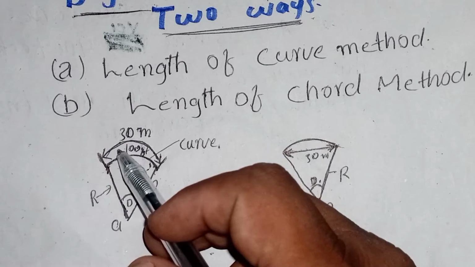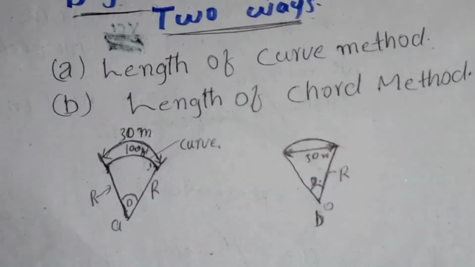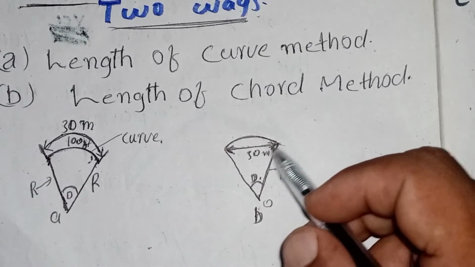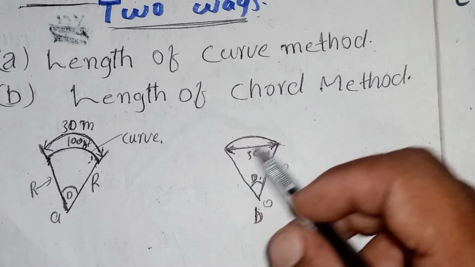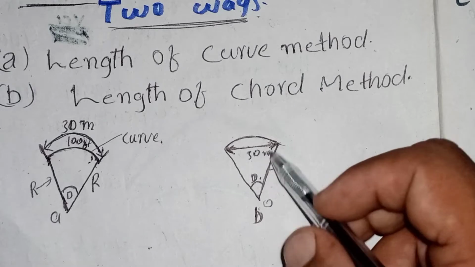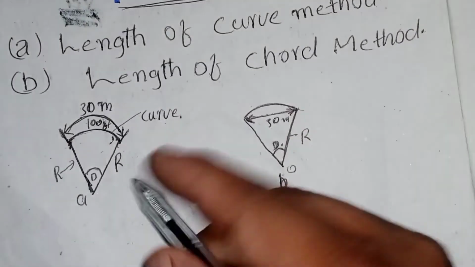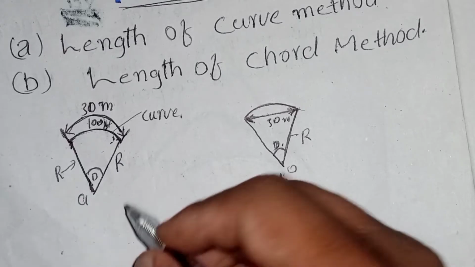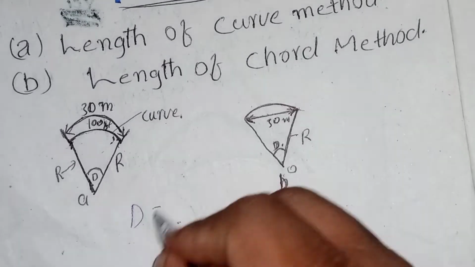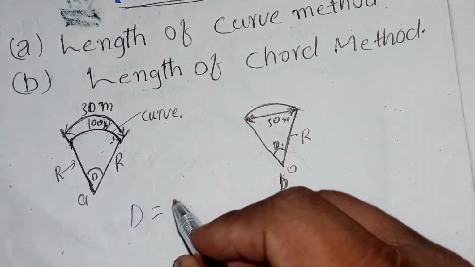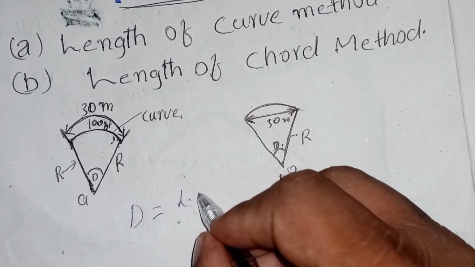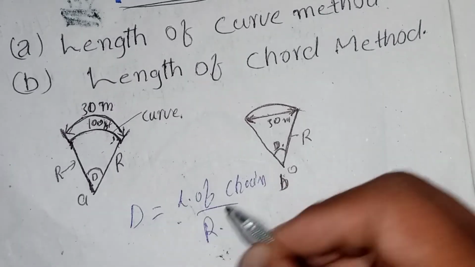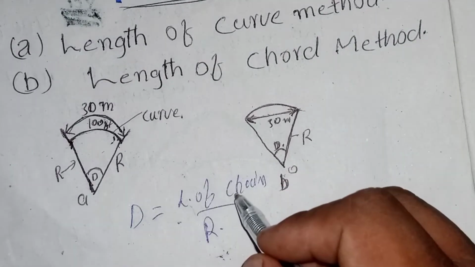If we measure this curve length and we get a degree, then it will be called the length of curve method. If we measure this chord length and we get a degree, then it will be called the length of chord method. As we know, the degree of curve is equal to length of chain divided by radius.